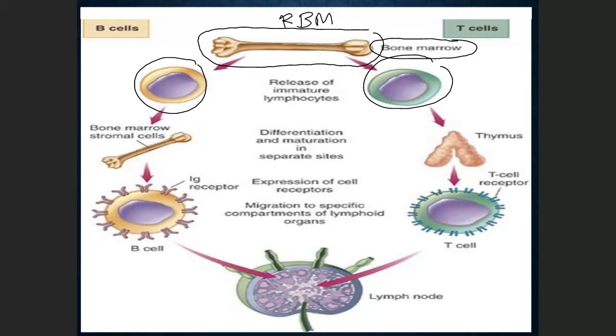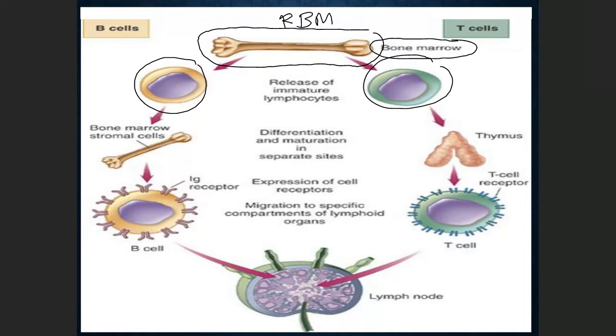The red bone marrow is actually the place for production of all blood cells, including white blood cells, red blood cells, and platelets. And remember, white blood cell consists of 5 types: neutrophil, lymphocyte, monocyte, eosinophil, basophil. And then lymphocytes have 2 types, which are B cell and T cell.